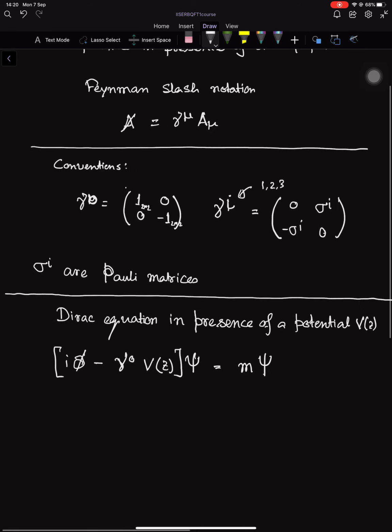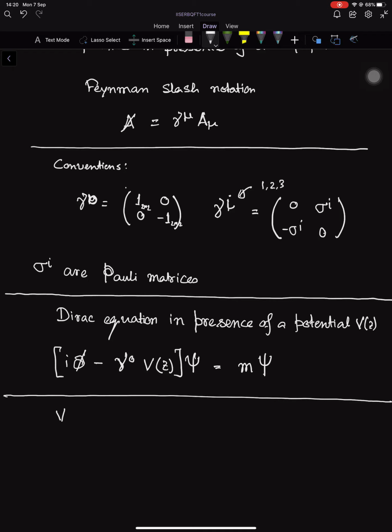Just like in the previous case, we will first discuss what happens if the potential is just constant. So let's take V of z to be V for all values of z.